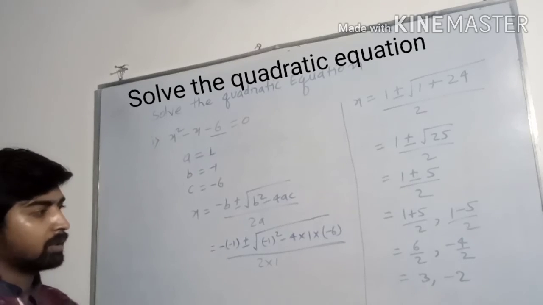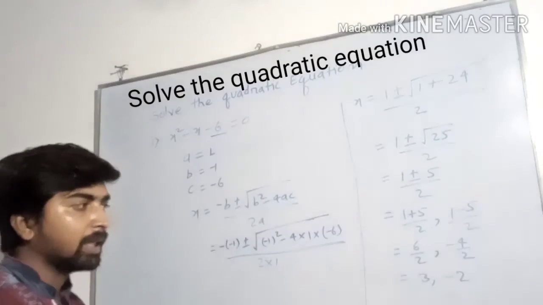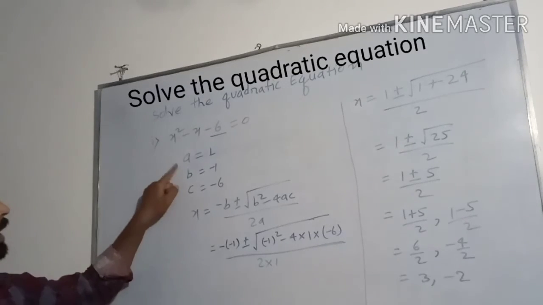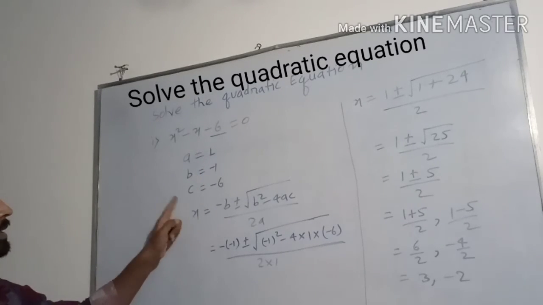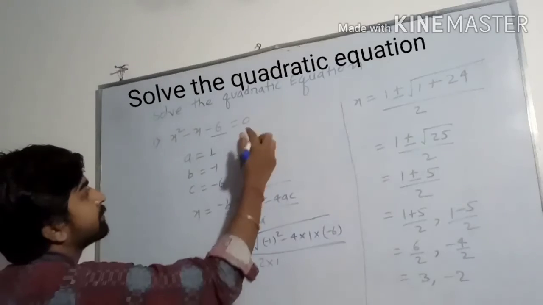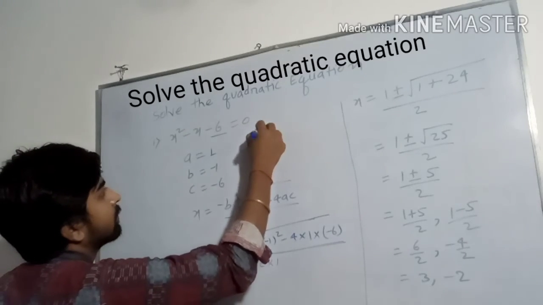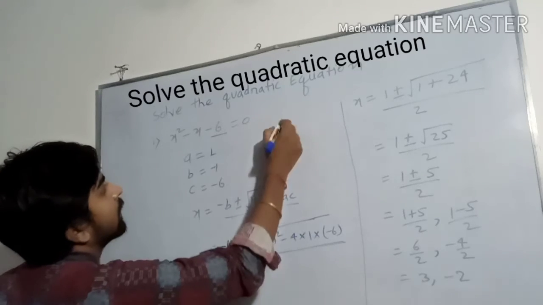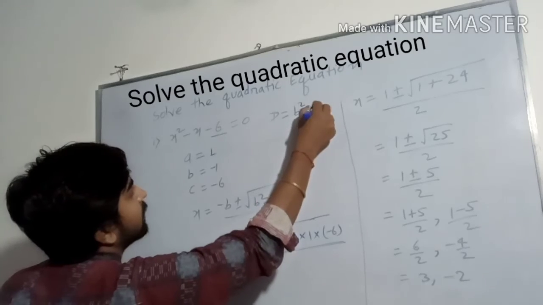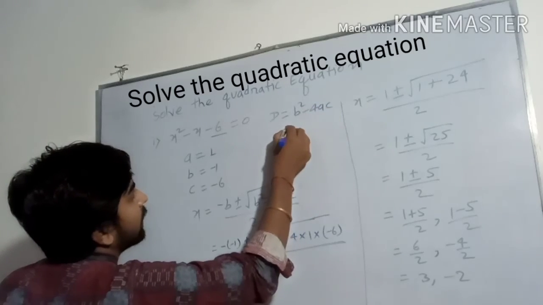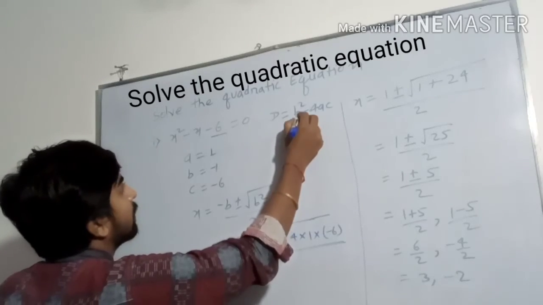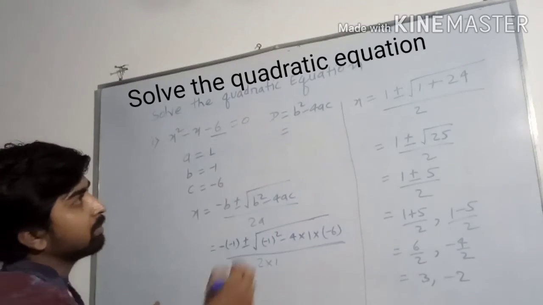Students, these roots are real and distinct. Why? Because for a = 1, b = -1 and c = -6, the discriminant D = b² - 4ac is positive. How is it positive?